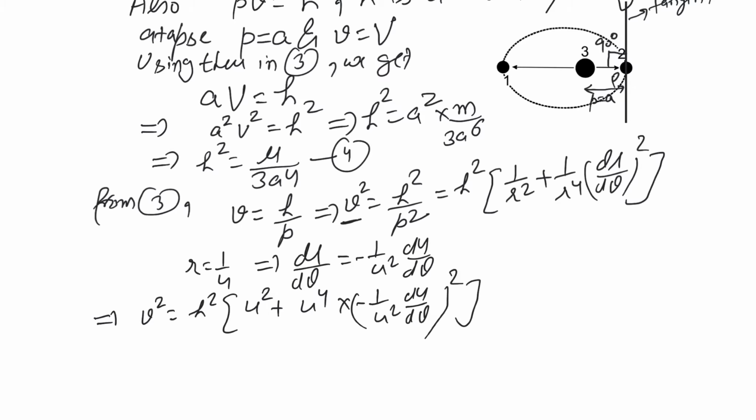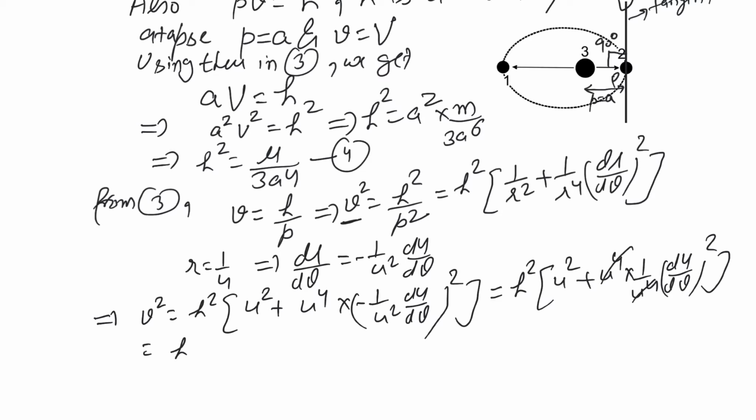square), which is further equal to h square (u square plus (du/d theta) square). This will cancel out. This is equal to h square (u square plus (du/d theta) whole square).